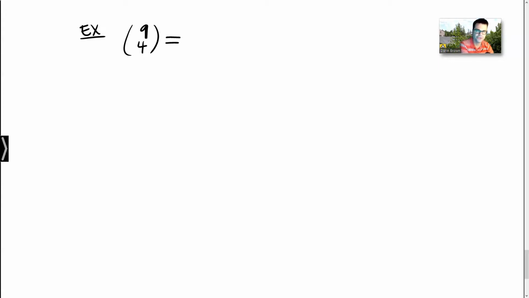You follow the pattern. You start with a number on top. So we're going to go 9, 8. And what you're going to do is make a permutation with the number of elements on the bottom. 9, 8, 7, 6. Okay, there's 1, 2, 3, 4 factors. Then you have to divide by that factorial on the bottom. So it's 9, 8, 7, 6 divided by 4, 3, 2, 1.